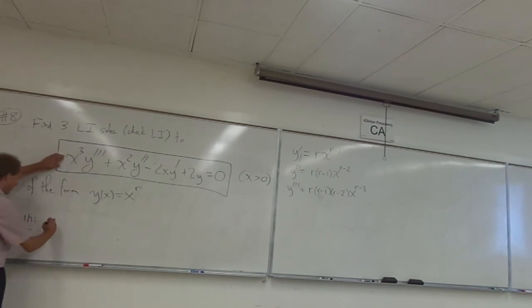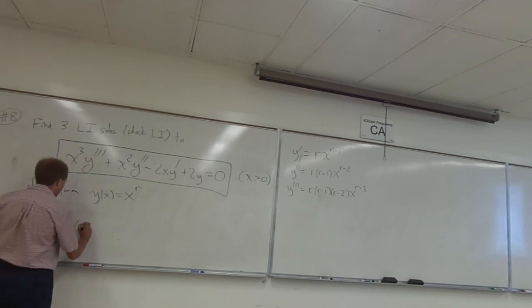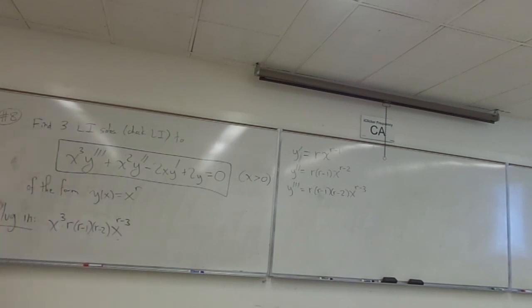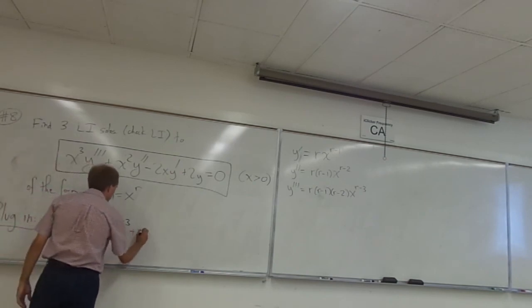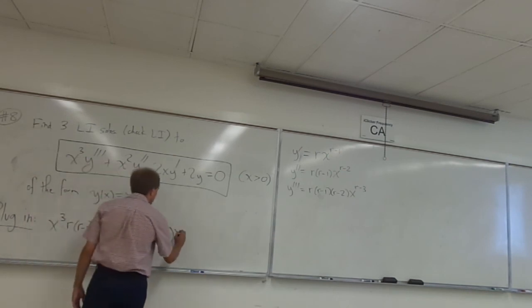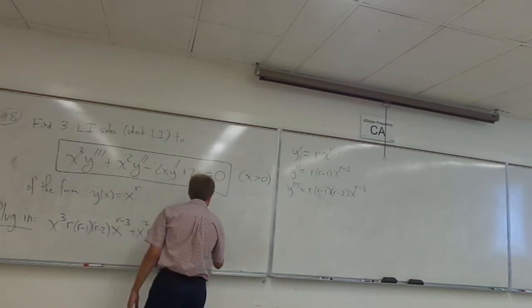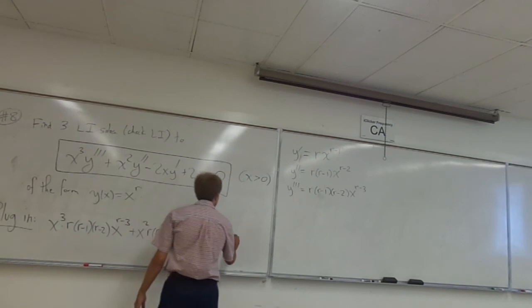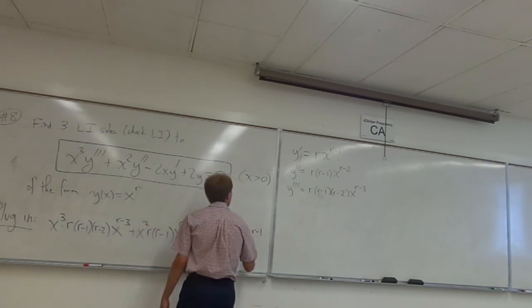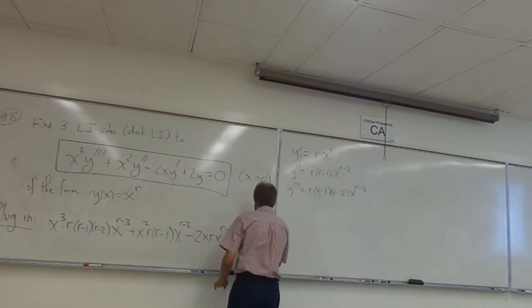We have x cubed times three derivatives, so that's r times r minus 1 times r minus 2 times x to the r minus 3, plus x squared times the second derivative, r times r minus 1 times x to the r minus 2, minus 2x times r x to the r minus 1, plus 2x to the r. All of that equals 0.